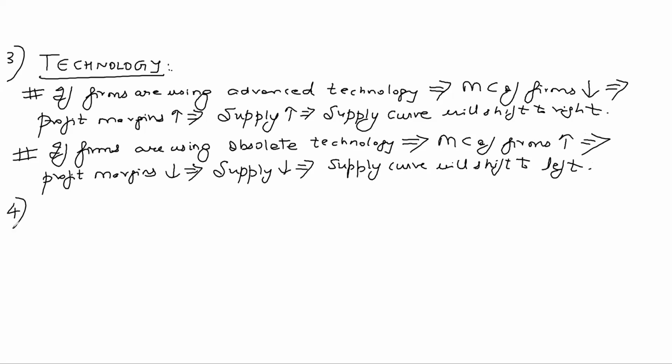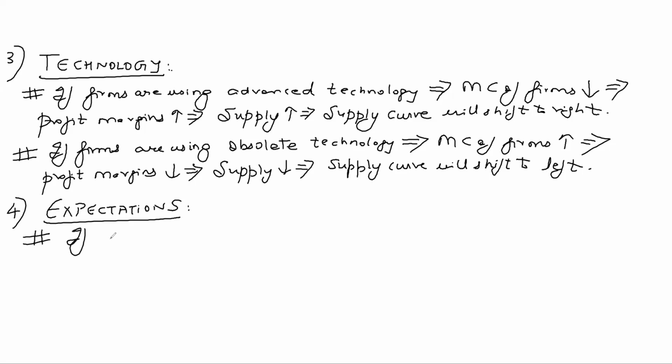Let's talk about the next factor affecting the supply, expectations. So expectations about the future price can also affect the supply. For example, suppose you come to know that price of petrol is gonna go up tomorrow. Then what will the suppliers of crude oil do? Obviously, if you expect the price to rise in the future, you will reduce your supply today, you will wait for the future to come. So I can formulate a point here.